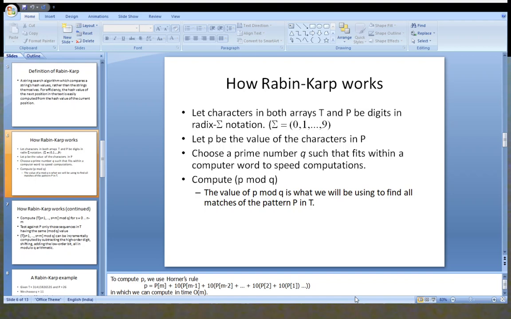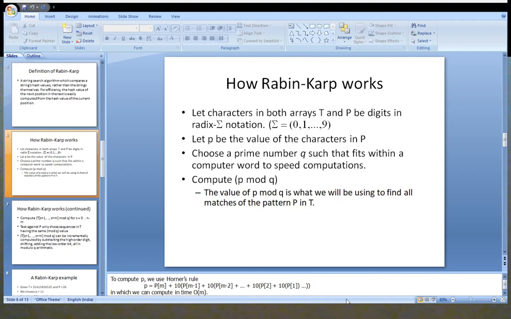Let p be the value of the pattern, and choose a prime number q such that it fits within a computer word to speed up computations, and compute p mod q.